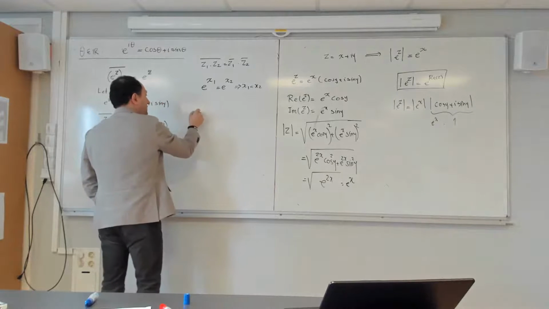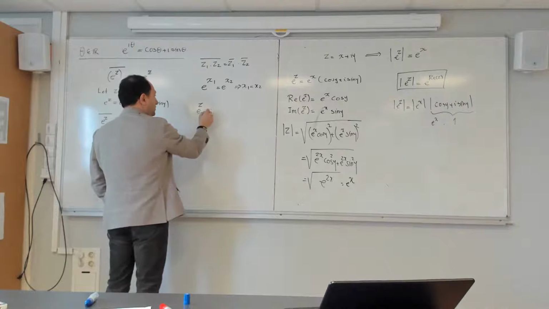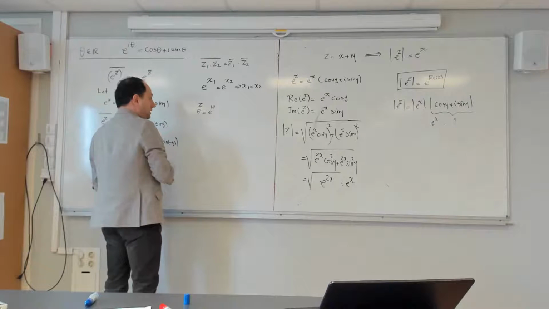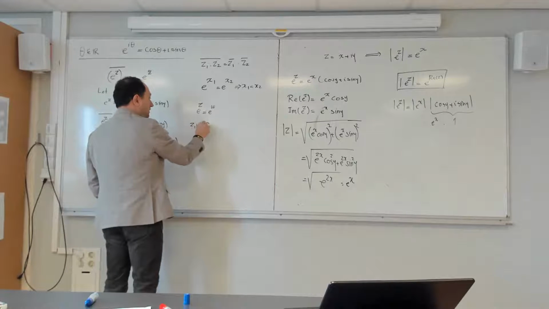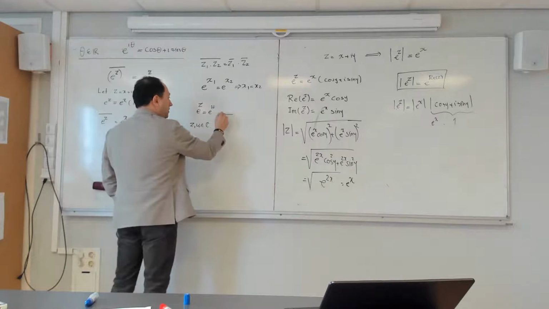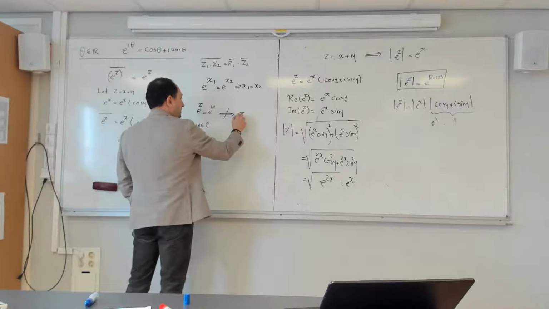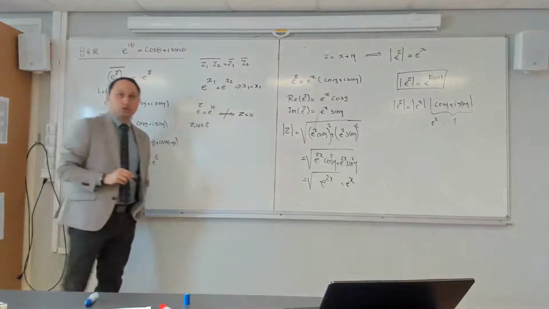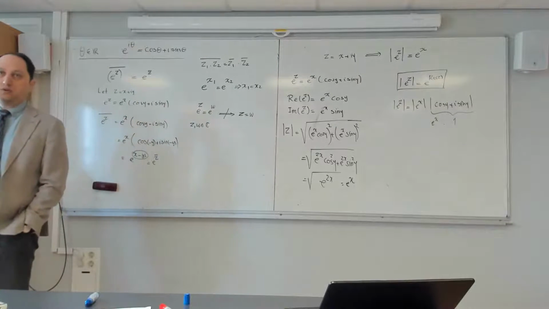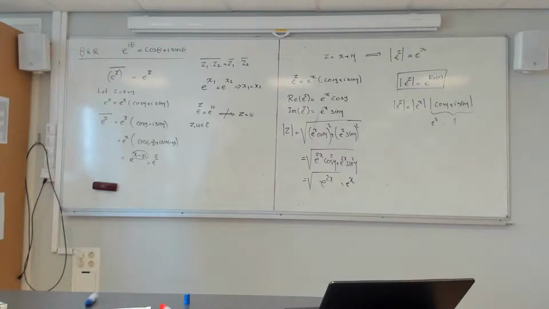But this doesn't happen here. If e to power z is equal to e to power w, and z and w are complex numbers, you cannot conclude that z is equal to w. It might be that z is equal to w, but it is not guaranteed.